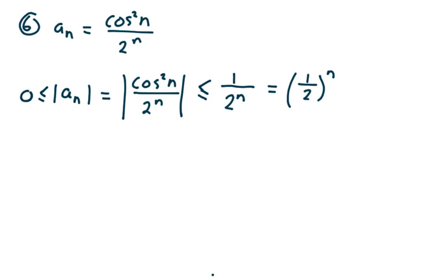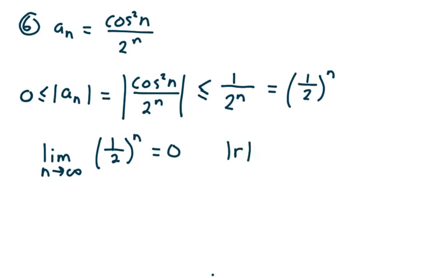Now from here, we can say that the limit as n goes to infinity of 1/2 to the nth power is equal to 0. And let's note something here. The absolute value of r is equal to 1/2, which is less than 1.